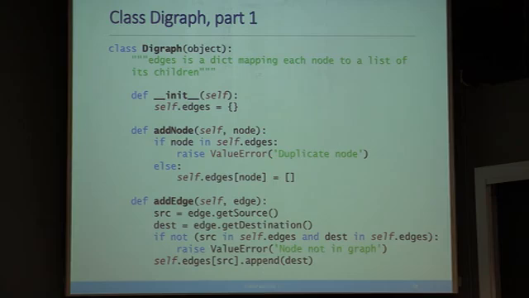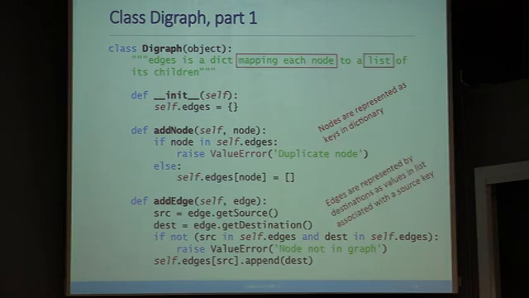So this now captures what I said I wanted to do. The nodes are represented as keys in the dictionary, and the edges are represented by destinations as values in the list associated with the key. So you can see if I want to see, is there an edge between a source and a destination, I would look up the source in the dictionary and then check in the list to see if the destination is there.